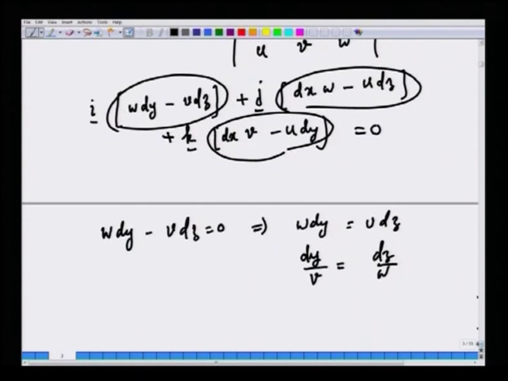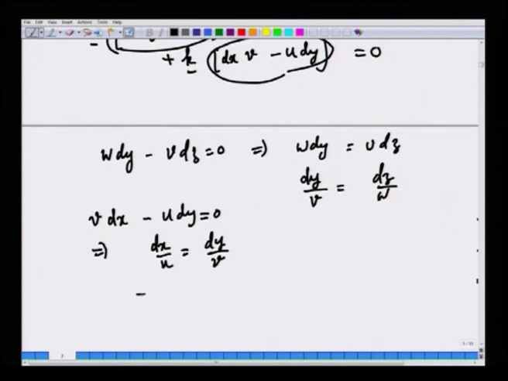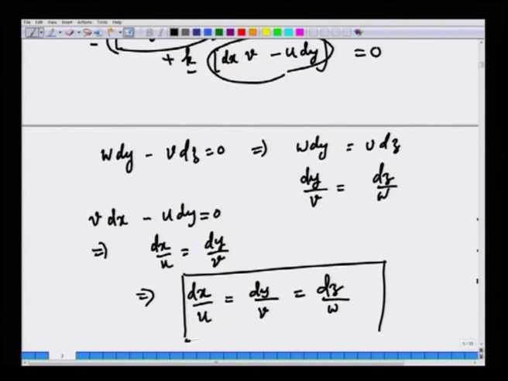And v dx minus u dy is 0 implies dx by u is dy by v. So the equation describing a streamline is dx by u equals dy by v equals dz by w, in general in 3 dimensions.